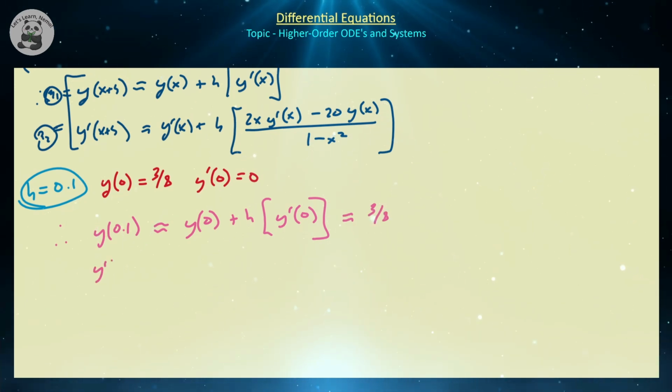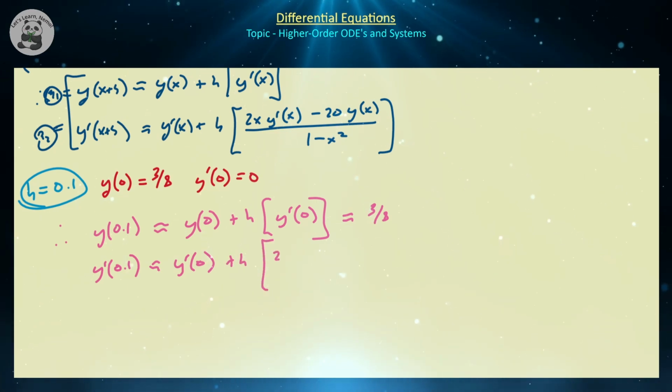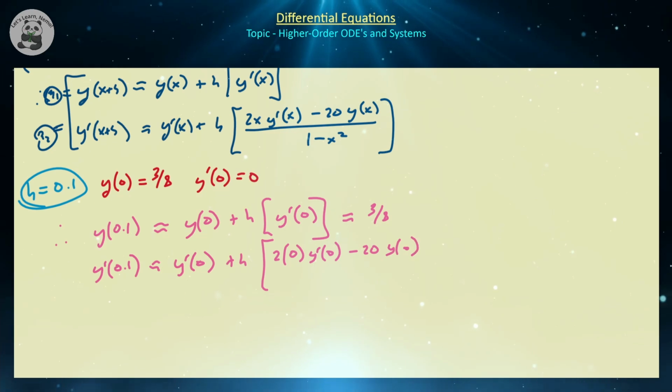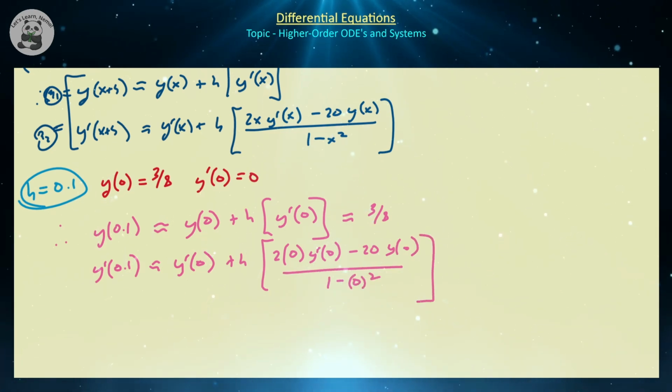And then y prime of 0.1 will be approximately equal to y prime of 0, which was chosen to be 0, plus h times 2, x is 0, and then we have y prime of 0, minus 20 times y of 0, which is 3/8, all over 1 minus 0 squared, which you can find to be equal to negative 3/4.